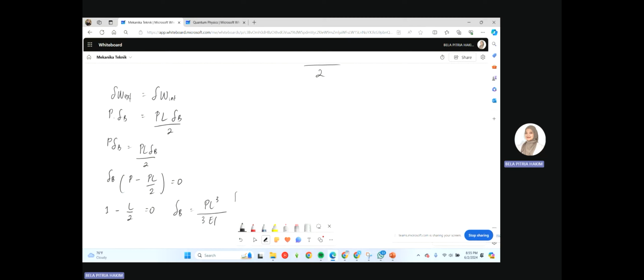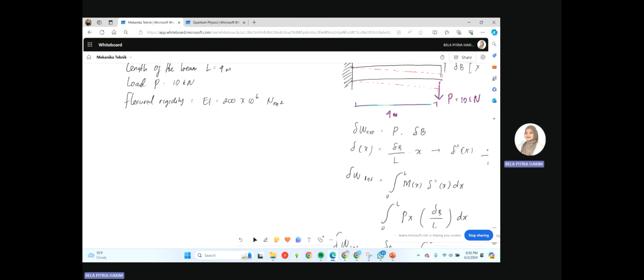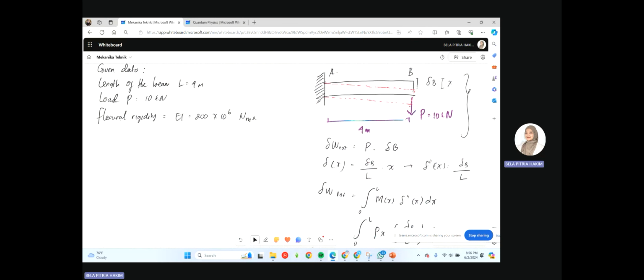After we got this notation, we substitute the given values from the question, for L, P and the flexural rigidity.